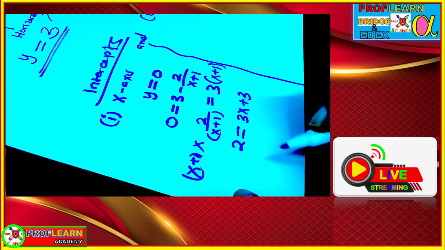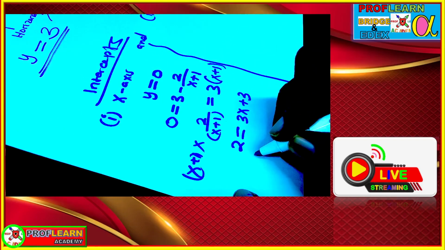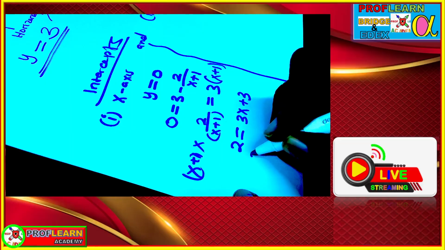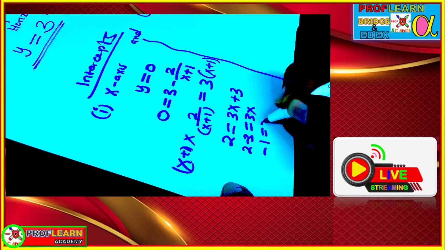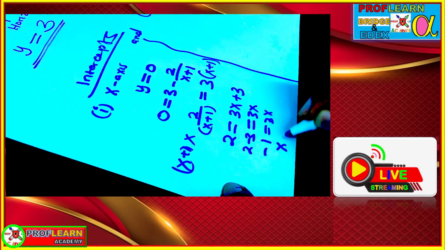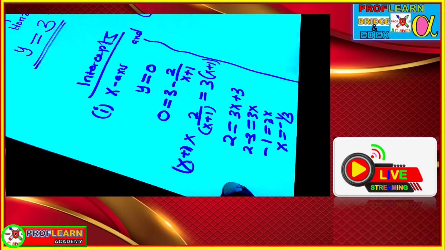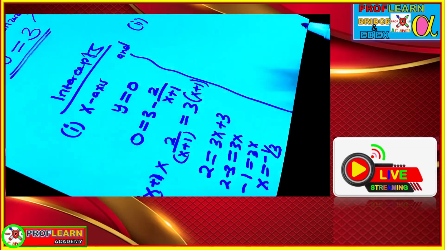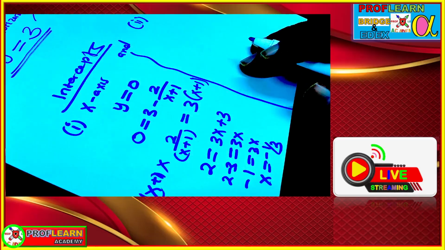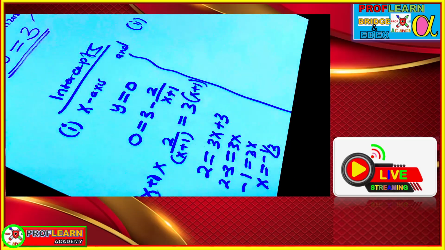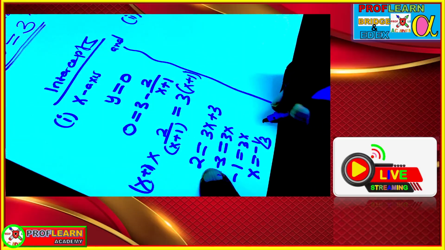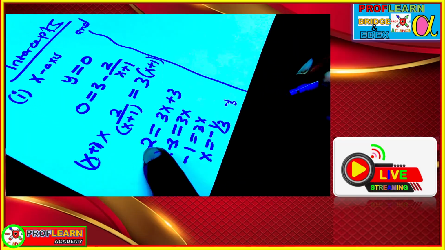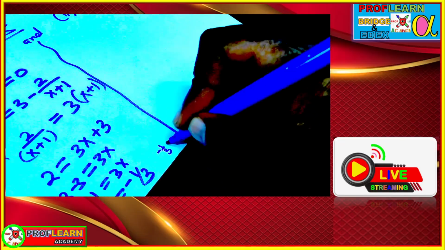We take this 3 on the other side, we shall have 2 minus 3 is equals to 3x. Negative 1 is equal to 3x. x is equals to negative 1 over 3. So we have gotten the intercept. This graph is going to cut the x-axis at negative 1 over 3, comma 0.